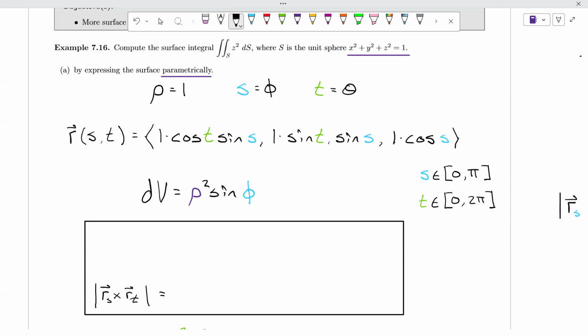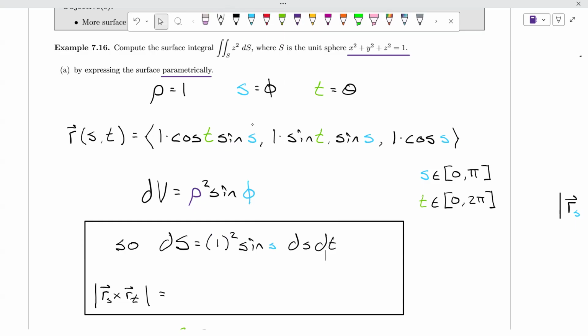And my goal here is to just use dV to come up with it. I know dV from spherical coordinates is rho squared sine phi. So I think that dS should be equal to 1 squared sine s ds dt.